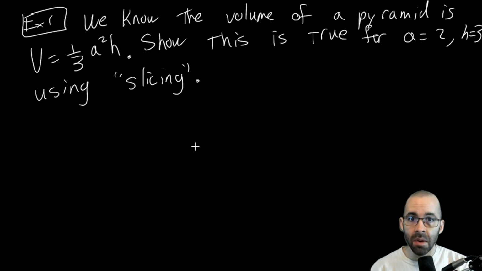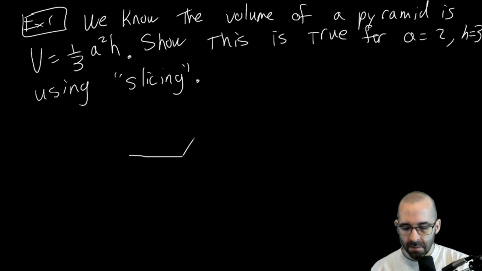Okay, so here's what's going on. We're always going to want pictures. There are 2 ways that we can draw this pyramid. One's maybe a little easier than the other for some people, but it doesn't really matter. We have a pyramid. It has a square base.